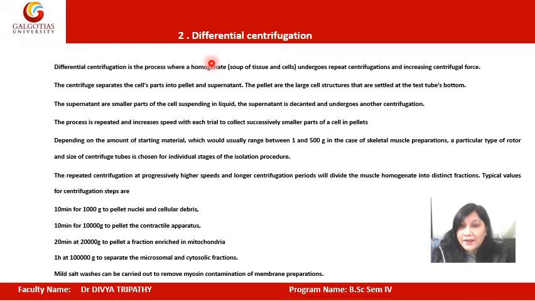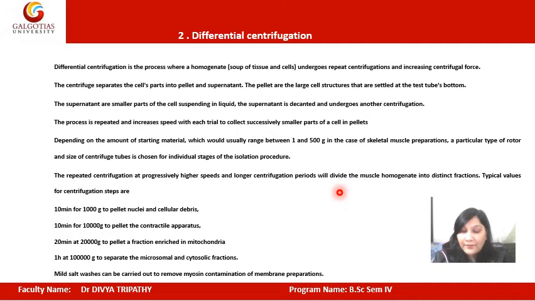The larger particles will form a pellet first under centrifugal force, and when we increase the RCF or RPM or the time of centrifugation, we will get different fractions of cell organelles on the basis of their size. I hope you remember. So, differential centrifugation is a process where a homogenate undergoes repeated centrifugation at increasing centrifugal force.